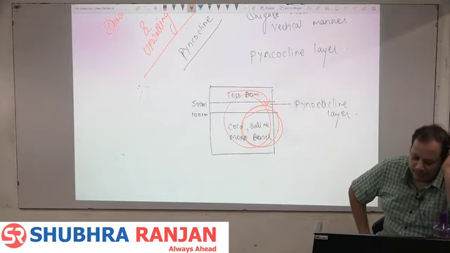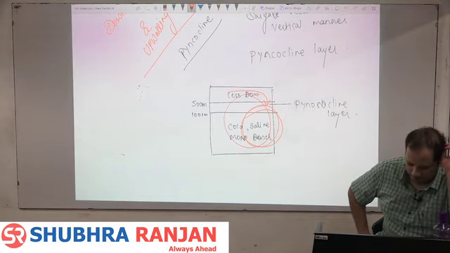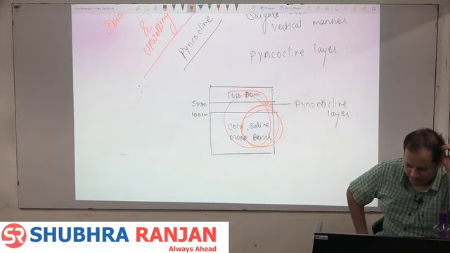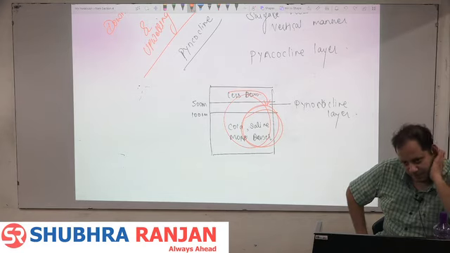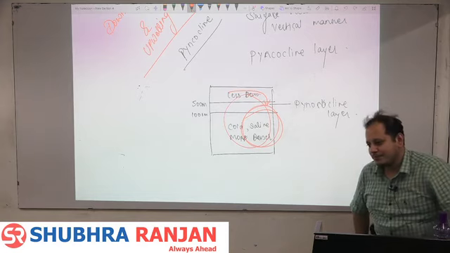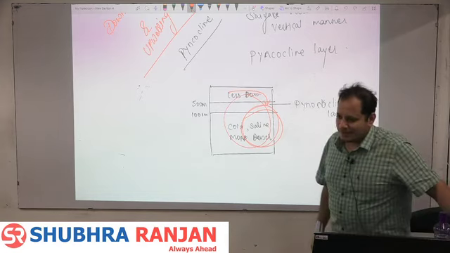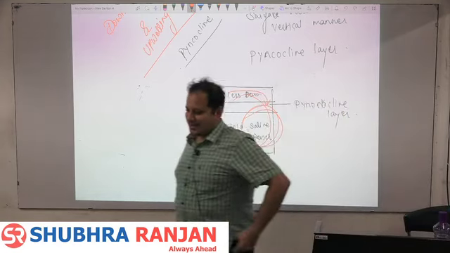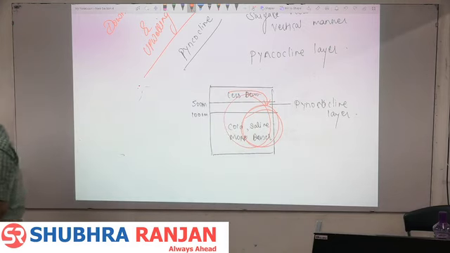Downwelling can be due to density. Or due to convergence of surface ocean currents.